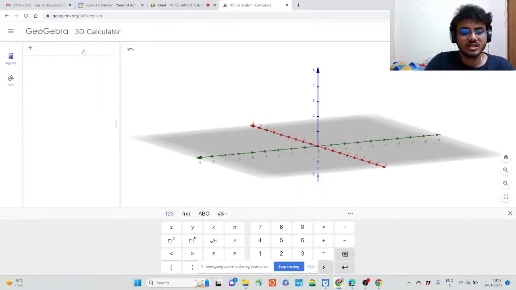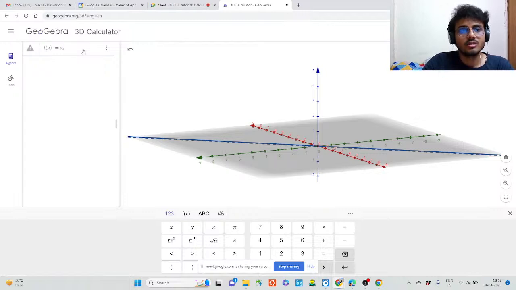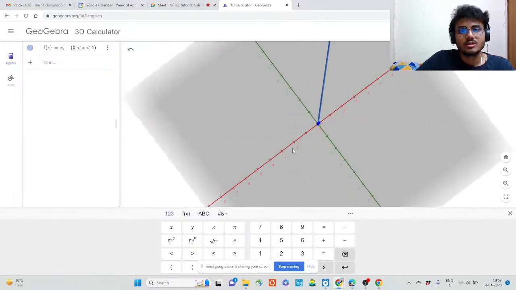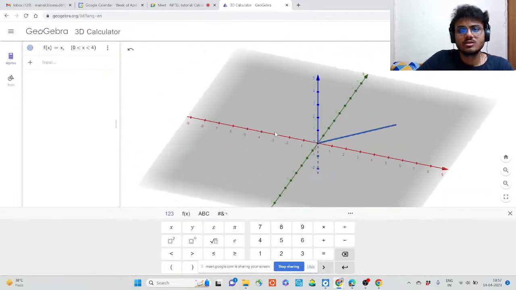So let's do it for another one. So the line, right? So f of x would be x for x between 0 and 4, right? So you can rotate this and see.